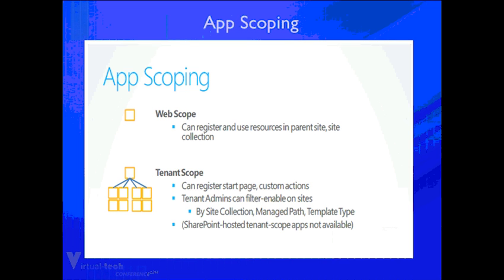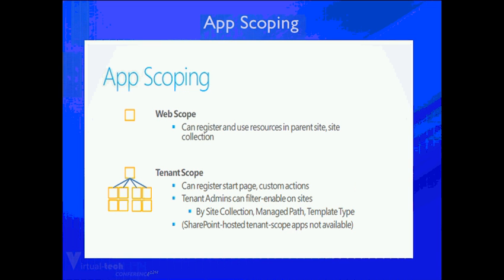This one we covered earlier: app scoping, web scope and tenant scope. Usually, for simple apps, anything that needs access only within the current web as well as its parent site collection, we can go for a web scoped app. But let's say we want to query across site collections or maybe leverage certain shared services like search or BCS, we could go for a tenancy scoped app.